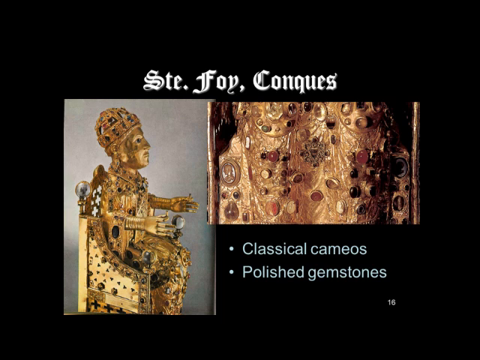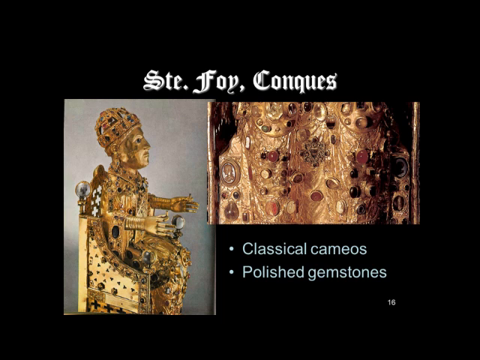You can see the busts here. When these cameos were reused in reliquaries or crosses or other liturgical implements, they had a much better chance of surviving because it's less likely that they get old-fashioned or thrown out. They become part of the precious materials that have been given to the saint.